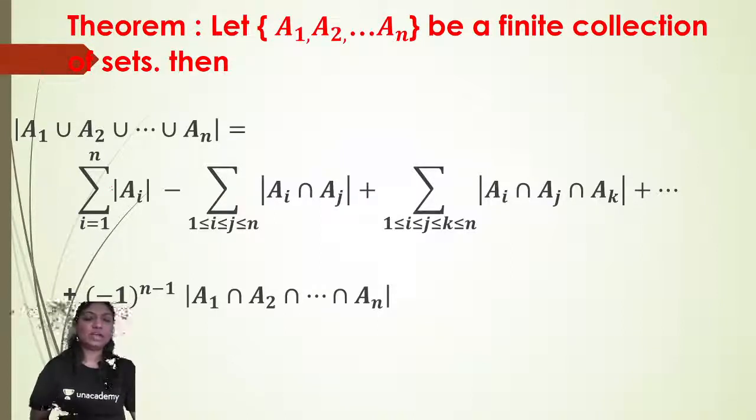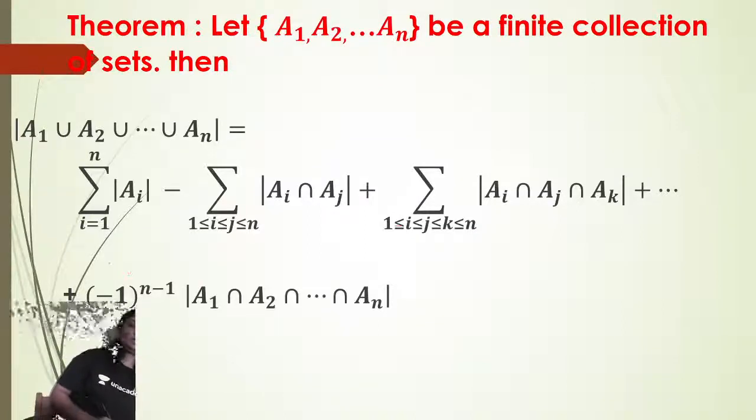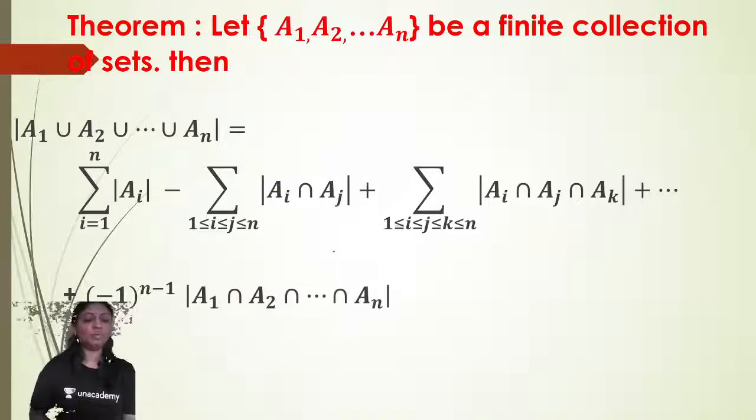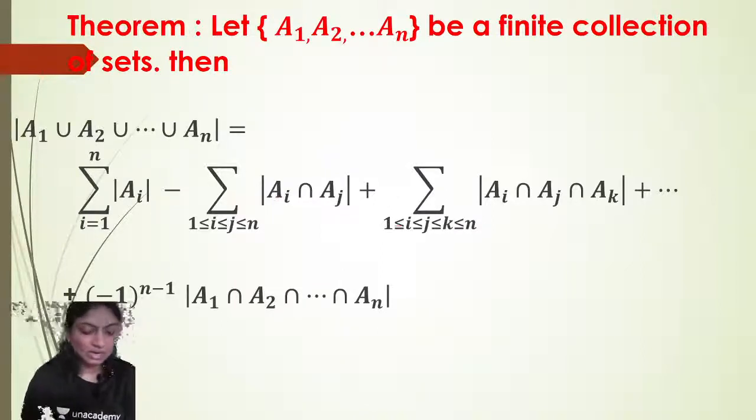If you observe here, we take the individual cardinality of individual sets, that is, summation i varying from 1 to n of cardinality of ai, minus summation over 1 less than or equal to i less than or equal to j less than or equal to n of ai intersection aj, plus summation over i, j, k varying from 1 to n of ai intersection aj intersection ak, and so on, plus minus 1 raised to n minus 1 cardinality of a1 intersection a2 intersection a3 intersection and so on up to an. So this will give us the cardinality of the union of n sets.